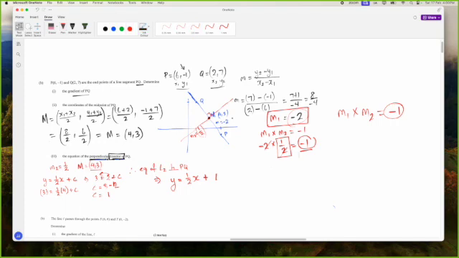Remember how the equation of a line is y is equal to mx plus c. So if you have a value for m, a value for x, and a value for y, then you could find c. Look, we have a value for m, that is a half. And we have a value for x and y from that midpoint.